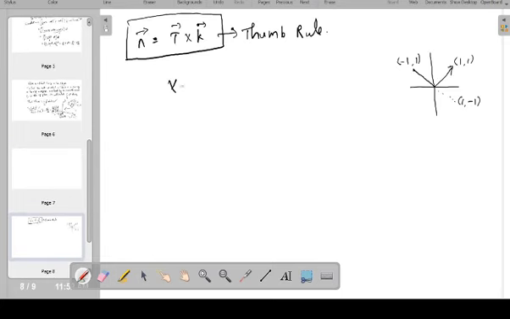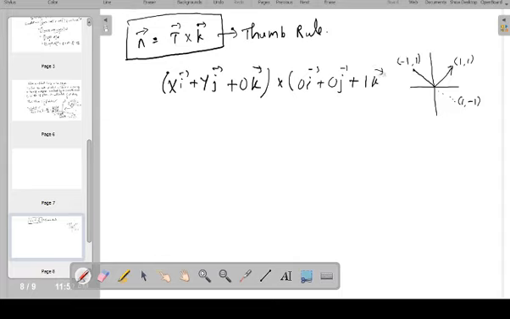So t is xi plus yj plus 0k. It's a plane curve, so the third coordinate has to be 0. Cross product with what is k? k is 0i plus 0j plus 1k.